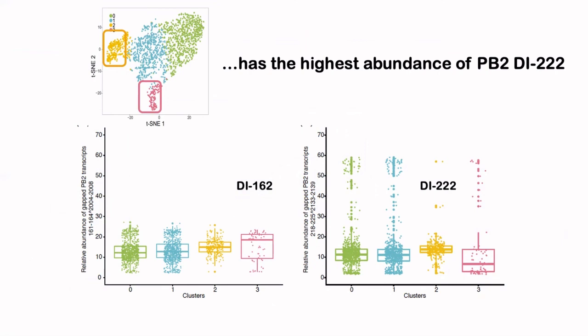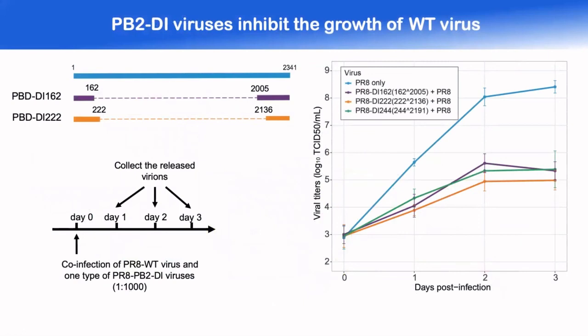And so we decided to take these DIs and do reverse genetics. So you can in flu very easily reconstruct the virus, and we put in these DIs specifically in these viruses so that they would have defective polymerases. And then we would culture them with the wild-type virus to see whether they would repress the virus.